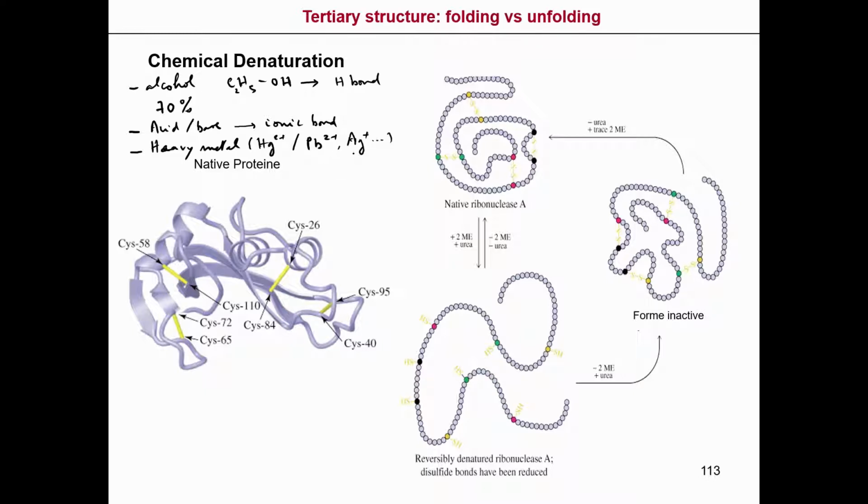Because they are salts, they will also disrupt the ionic bonds. And we will see in the last lecture that these metals can interact with the side chain of the amino acid and form what we call a complex.